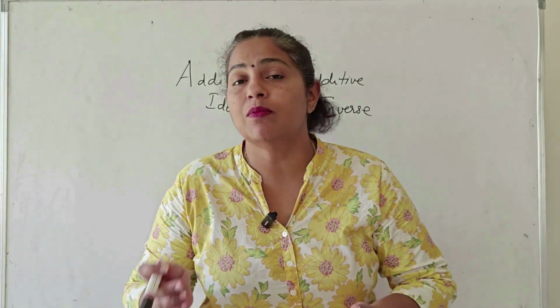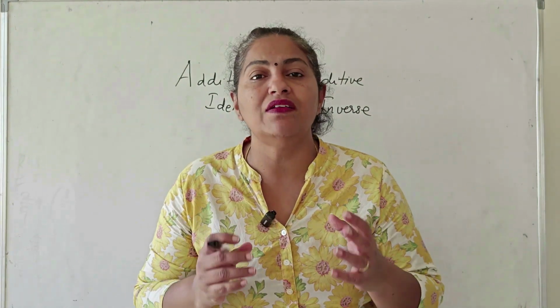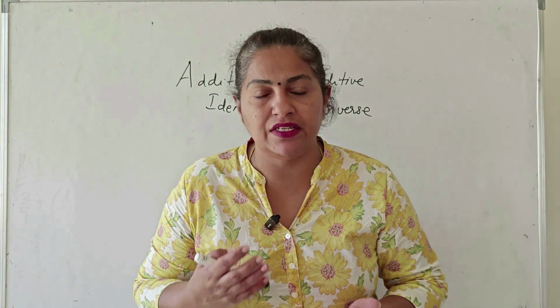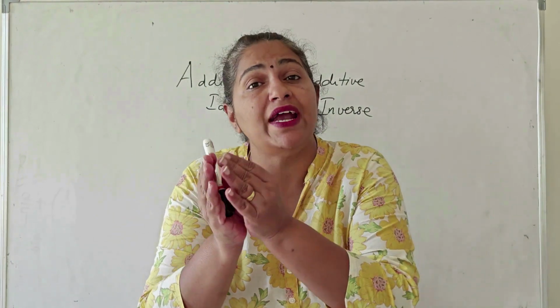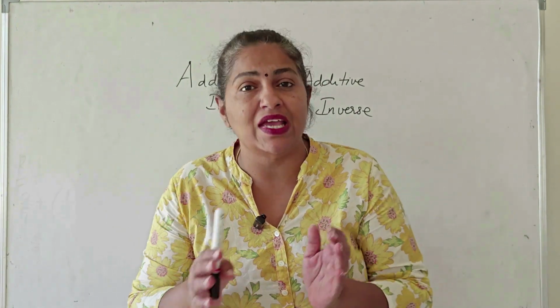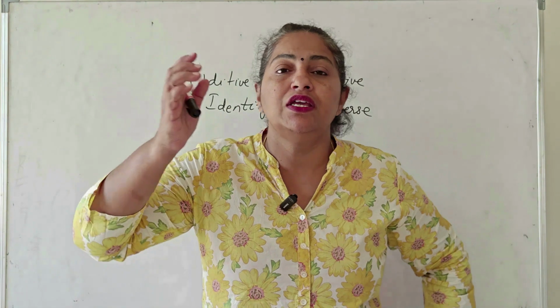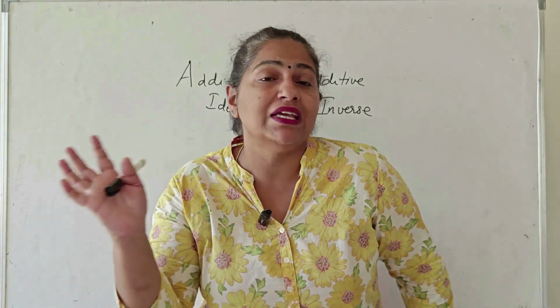Now let us talk about additive identity and additive inverse. So what is additive identity? What's the meaning of additive identity? Whenever you are adding a number to the additive identity, you should get back the same number without any change. So basically in all the cases, whenever you are adding 0 to any number, we get the same number.